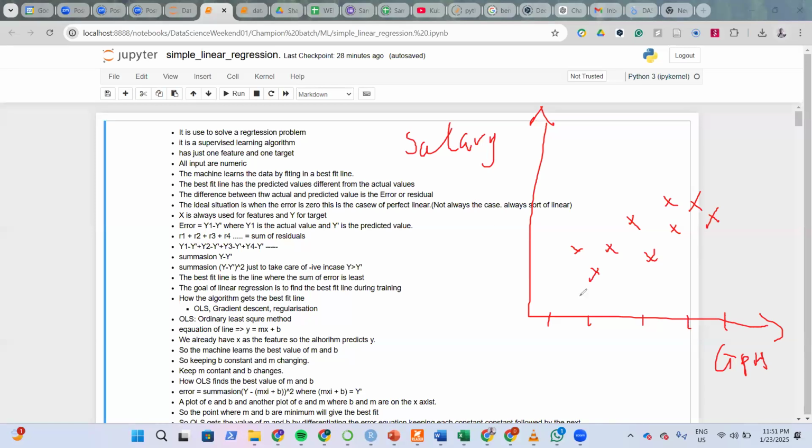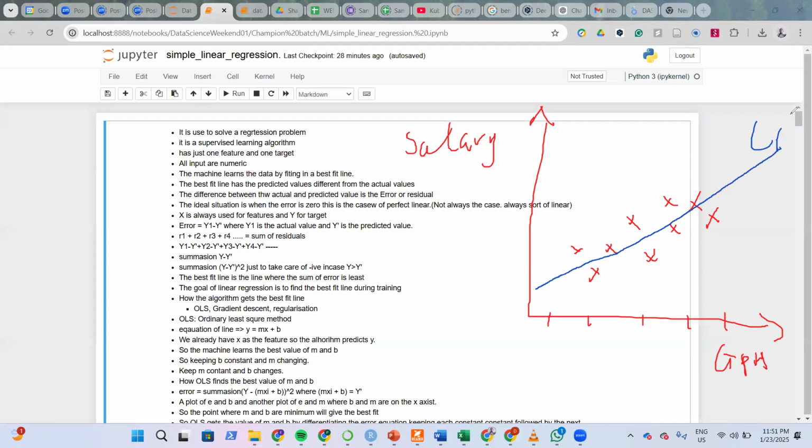Now what it does is it draws different lines and calculates what we call the error or the residual. Let me explain. Let's assume that this is the first line that it draws, line 1, L1. What is the residual?